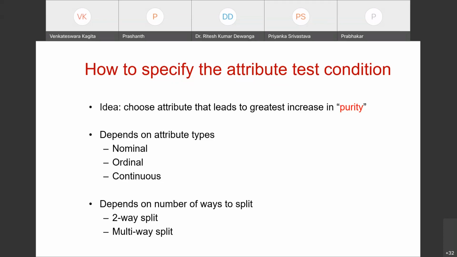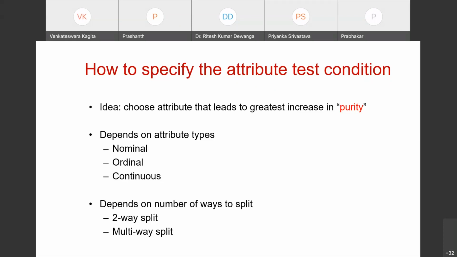Or low, medium, high. There is some relation: low is less than medium, medium is less than high. So there is some relation between the attribute values. This we call ordinal. There is some order that exists in the attributes. Both of them are discrete, right?